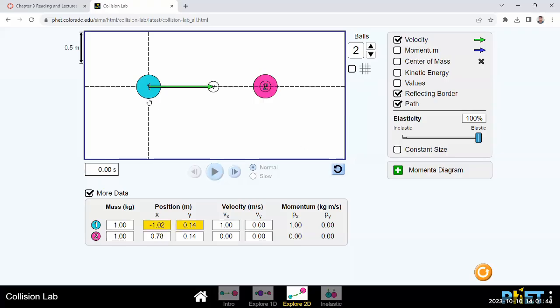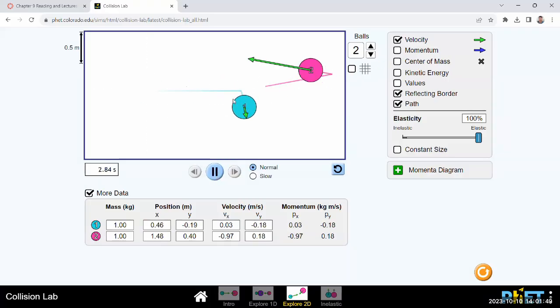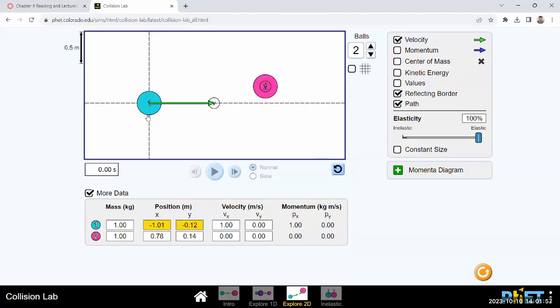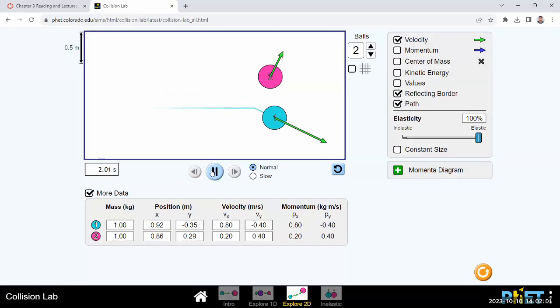If you set it up for any other parameter where it's a little bit off of head-on collision, then this initial velocity won't go to zero, but it's still perpendicular, so their dot product will be zero. And it remains true for really glancing collisions, where very little of the velocity transfers to the target object. They are still at 90 degrees.